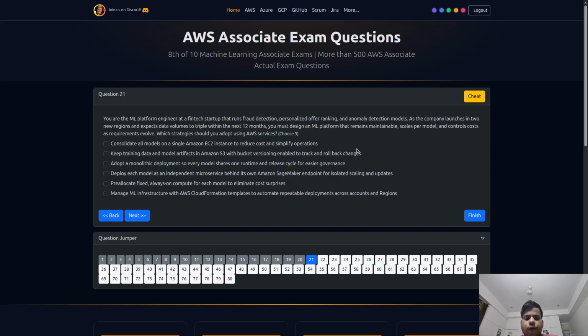As the company launches into a new region and expects data volume to triple within the next 12 months, you must design an ML platform that remains maintainable, scales per model, and controls cost as requirements evolve. You have to choose three options.